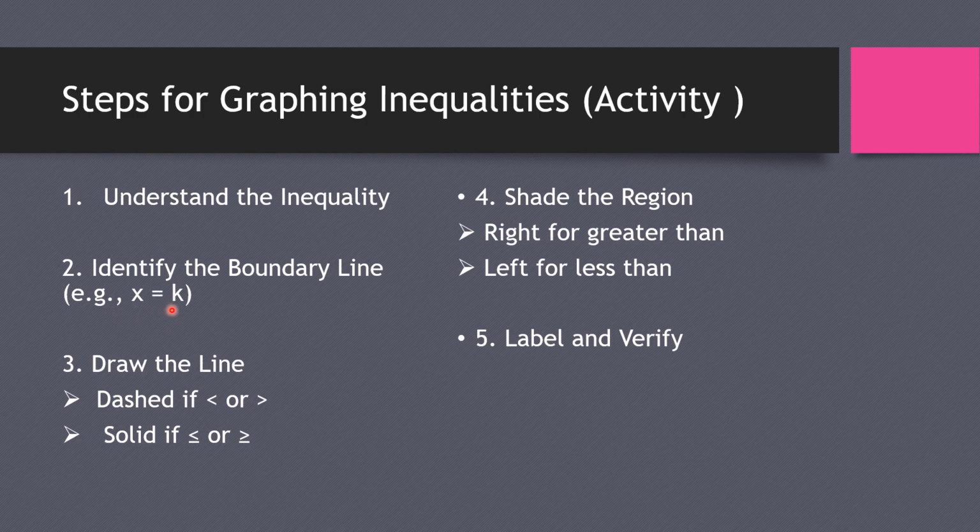So x equals k becomes my boundary line. Meanwhile, x must be less than k or greater than k or less than or equal to k or greater than or equal to k. So I'll just get rid of the inequality sign, then represent it with an equal sign. That will help me to identify my boundary line.